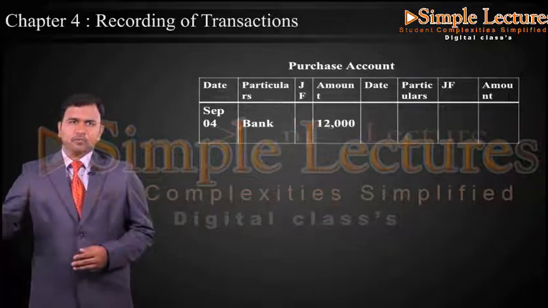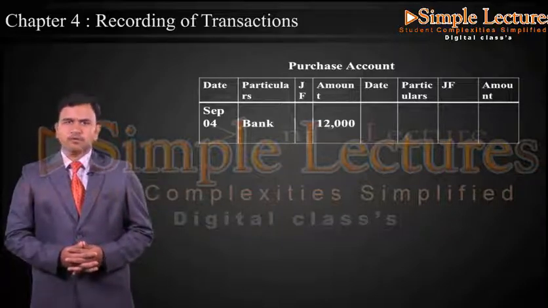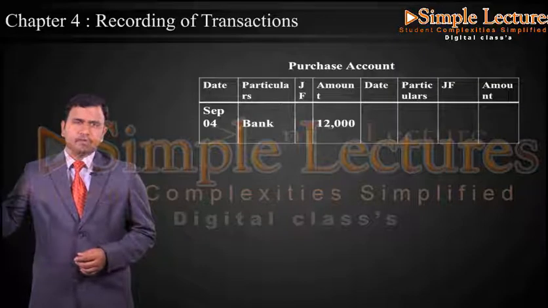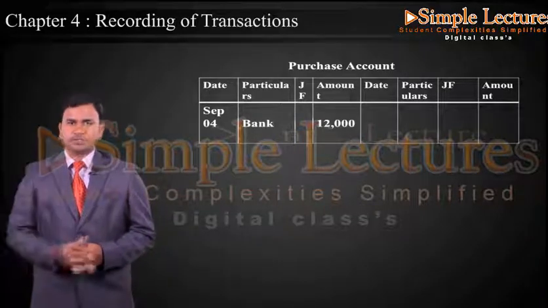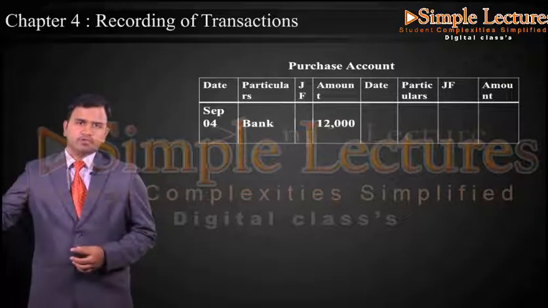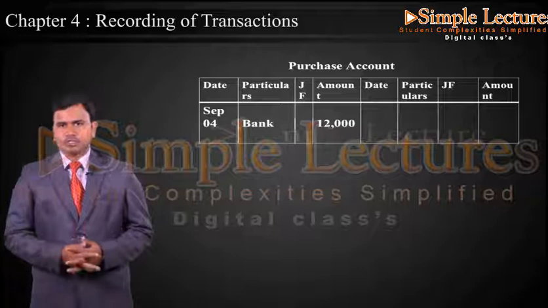So on September 4, the amount in the bank column was 12,000, and we take the same on the debit side of the purchase account: September 4th, to bank account, 12,000.